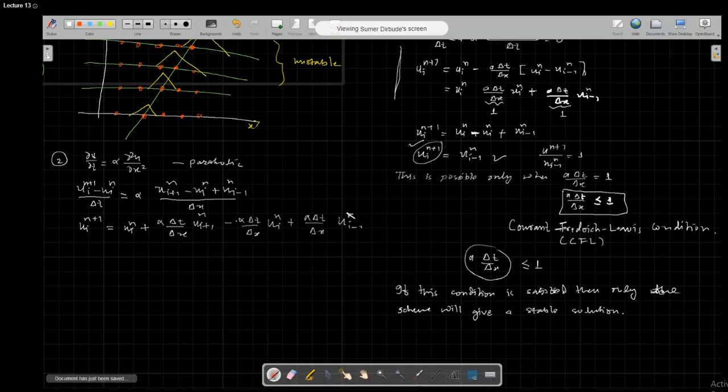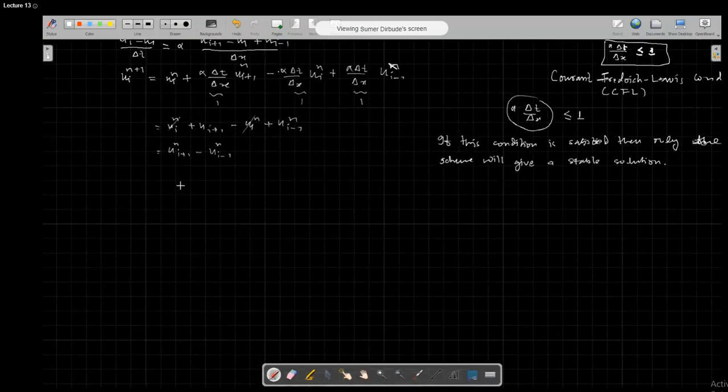Now suppose in this case these coefficients go to 1, then you are likely to get uin plus ui plus 1 n minus uin plus ui minus 1 n. These two terms get cancelled and you get ui plus 1 minus ui minus 1, both at the nth level.